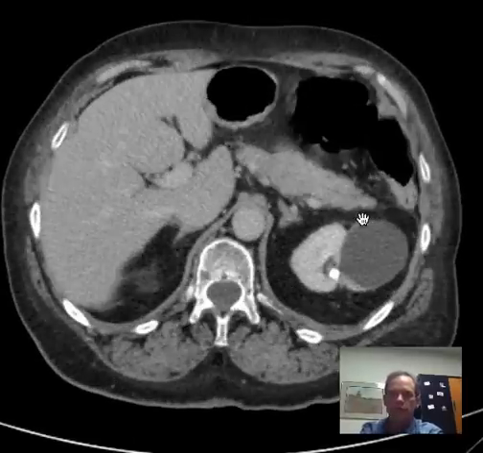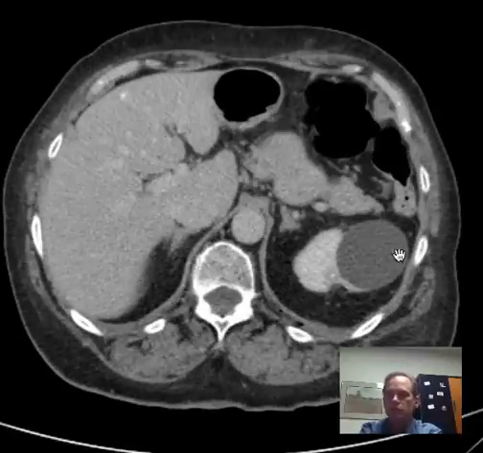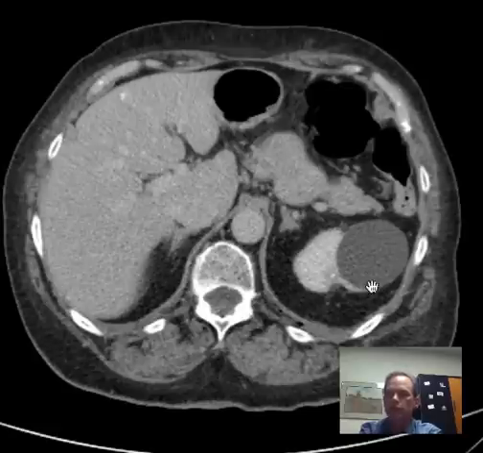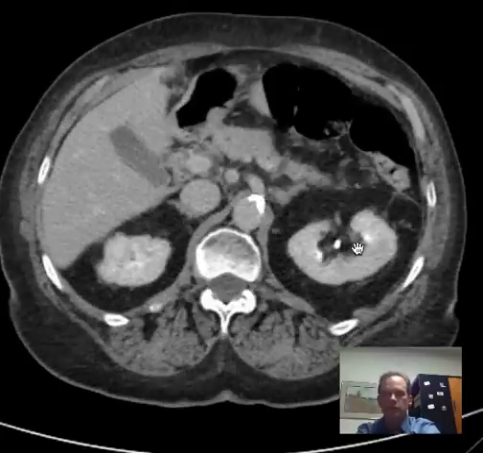So this is a simple benign cyst, a Bosniak category 1 cyst on a scale from 1 to 5, because it's smoothly marginated, uniformly low in attenuation, and doesn't have any soft tissue components to it, and no calcifications.